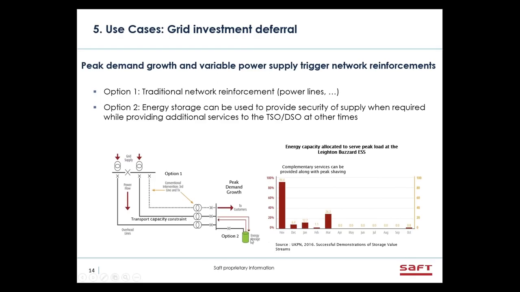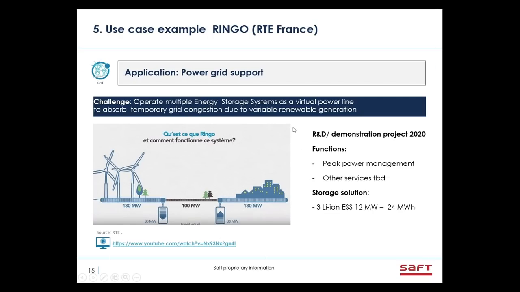Obviously, the use of an energy storage system here would only be limited to a certain amount of time, to certain periods of the day or even of the year. And in order to have a business case, the storage device would need to be used for different purposes at different parts of the day. A practical future example of this you may have heard of is the Ringo demonstrator system that RTE is planning to build in France.